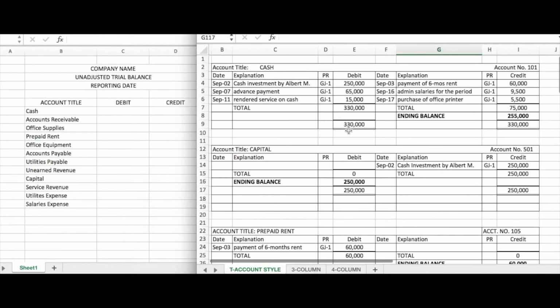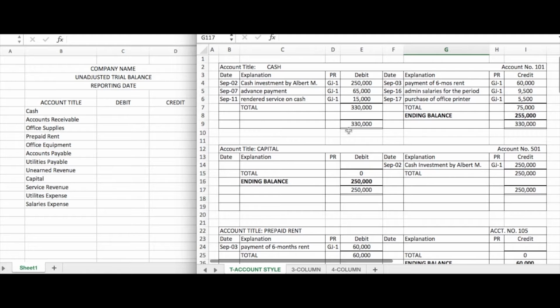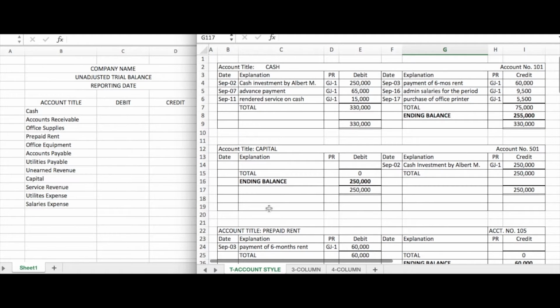This is from the previous lesson. You can also download this file. So this is the T account style. This is the one that is a bit challenging, but I will repeat how we get the ending balance in this format. You get the total in the debit side, you get the total in the credit side.